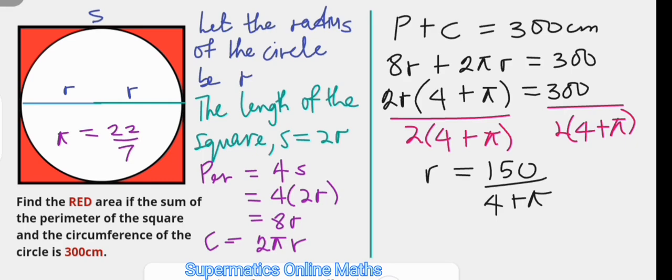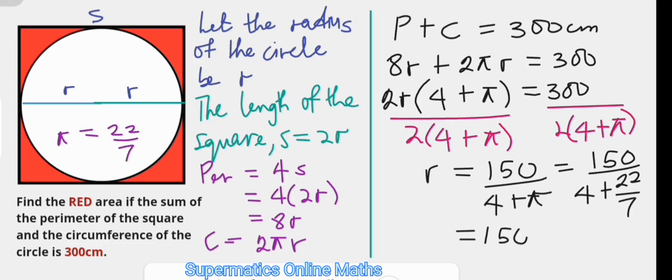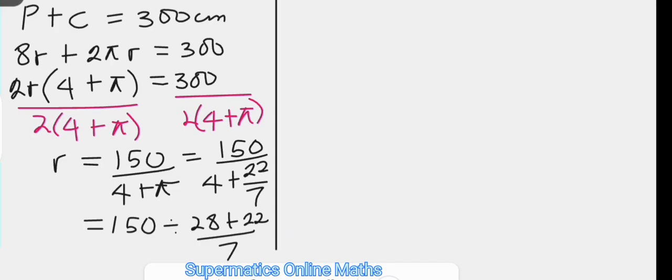And with pi being 22/7, we have 150 divided by the sum of 4 and 22/7. This is 150 divided by, with 7 being the LCD, 28 plus 22/7, such that the radius is 150 divided by 50/7.